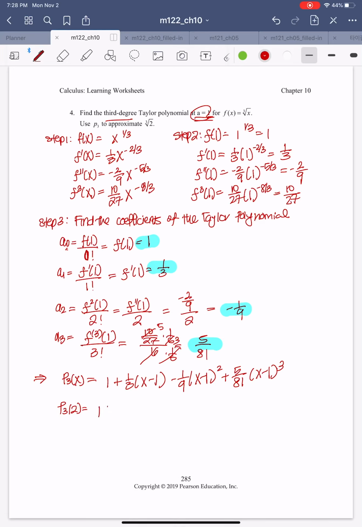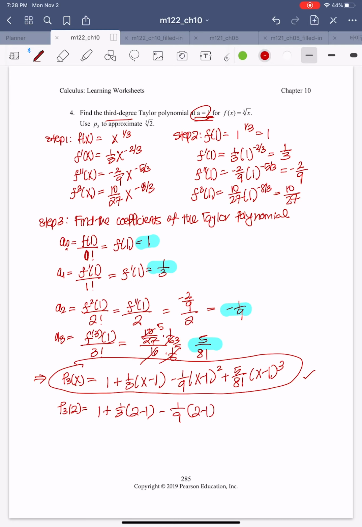That's 1 plus 1/3 times (2 minus 1), minus 1 over 9 times (2 minus 1) squared, plus 5 over 81 times (2 minus 1) cubed.